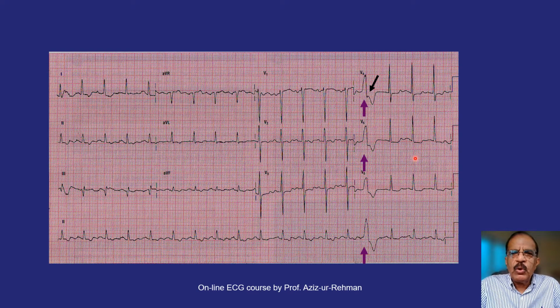And I would also like to draw your attention to this little arrow, this little deflection. What do you think it could be? This one is a P wave preceding a QRS complex. This one is a P wave. This is perhaps a T wave. Yes, this is the T wave. This wave is the T wave of this complex.